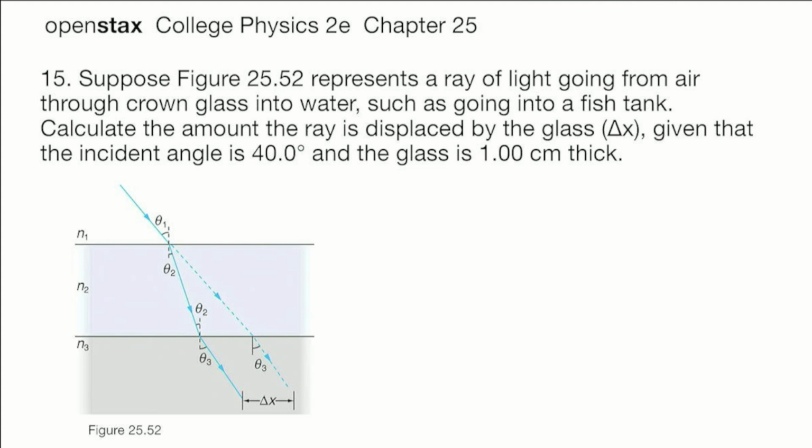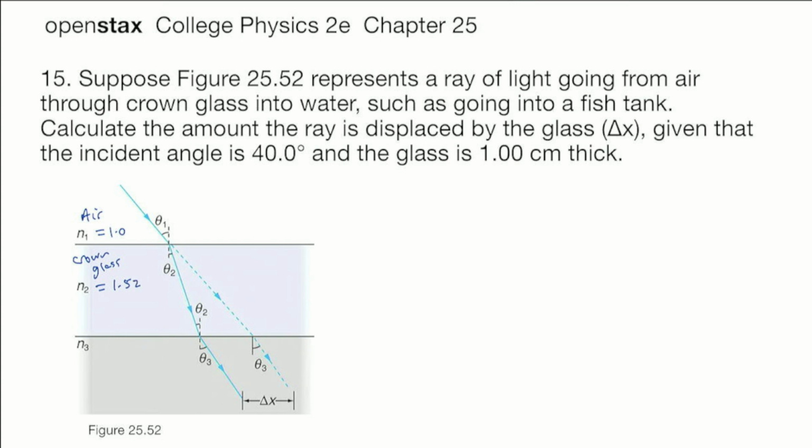All right, so N1 is for air, and let me just add that in. The index of refraction for air is 1.0. The middle layer is the crown glass. If we look up the index of refraction, we will see it is 1.52.